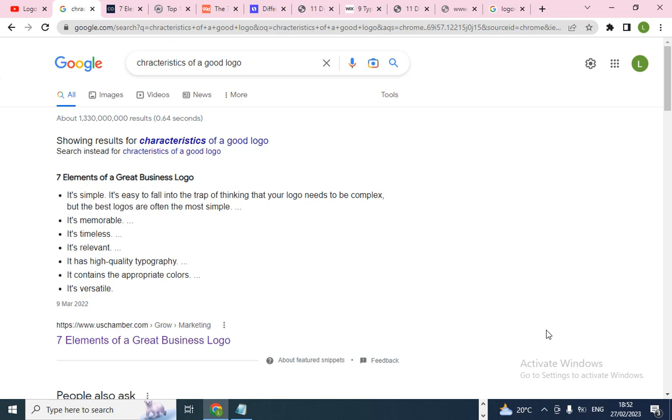Then relevant, so the logo should be relevant. Don't design a logo for fashion, then you end up designing a logo for a tire. Is your logo relevant to what it stands for?